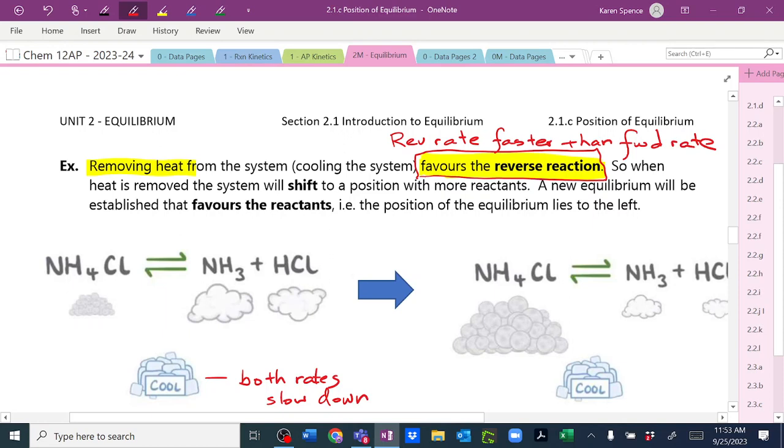Which one had to have slowed down more? The forward rate had to have slowed down more in order for the reverse rate to be faster than the forward. So my forward rate slowed down more, and my reverse rate slowed down, but not as much.